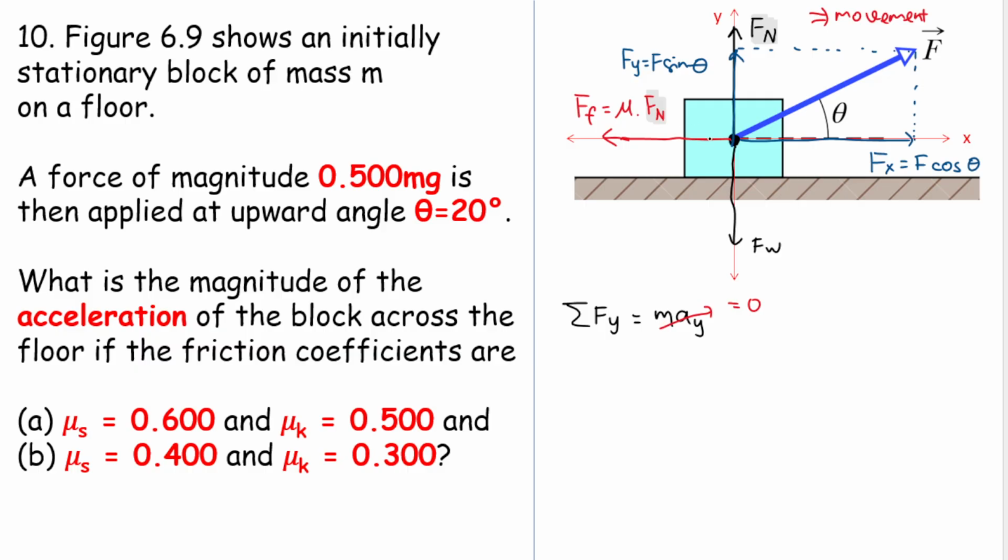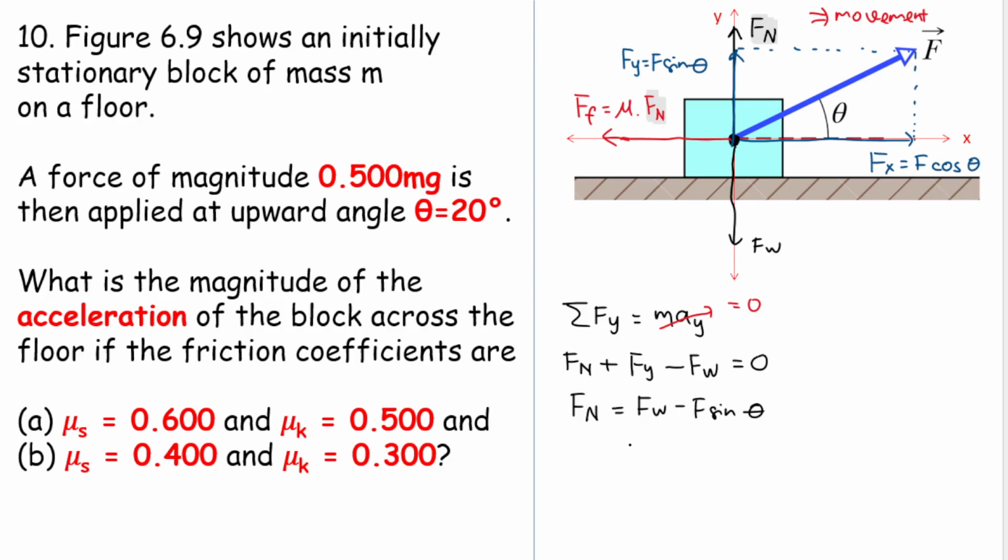Now in the positive direction, I will have the normal force Fn, and I also have this Fy here. But in the negative direction, I will have the force of the weight, Fw. And all of that will equal 0. And I think I can isolate Fn here. So I will have Fn equal to Fw minus F sine of theta.